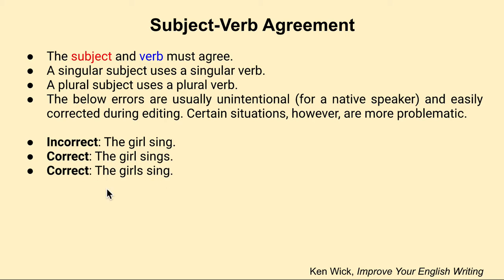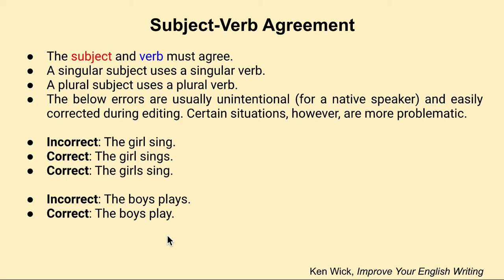Let's just do another one. These are what I call straightforward examples. The boys plays. This is wrong. This is a plural subject with a verb in the singular form, so we need to change it. Rather, it's the boys play.